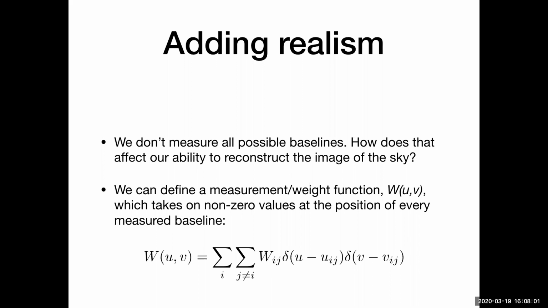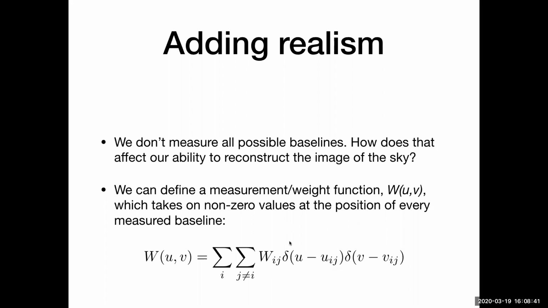So we have this limitation of limited information, and we can add that to our mathematical formalism by defining a measurement or weight function, which I'm going to call W, which takes on a non-zero value for every position in the UV plane that we have a measurement at, and it's 0 everywhere else to reflect that we have 0 measurements or 0 information. And so you end up defining it like this, where for every position of the baseline, you have a baseline ij with some coordinates UV.